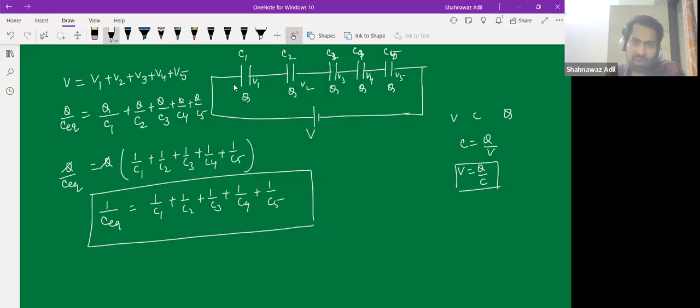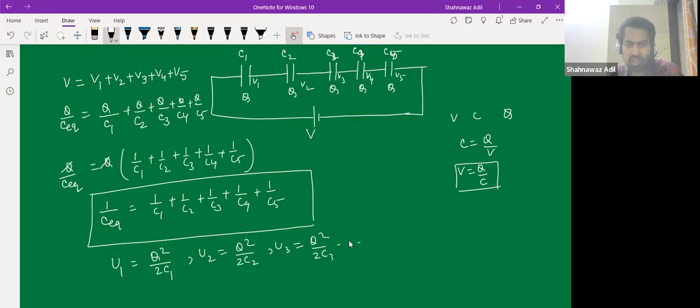And when we want to calculate the internal energies, the internal energy U1 would be how much? This would be Q square by 2C1, right? And U2 would be Q square by 2C2, and U3 would be Q square by 2C3, and so on.